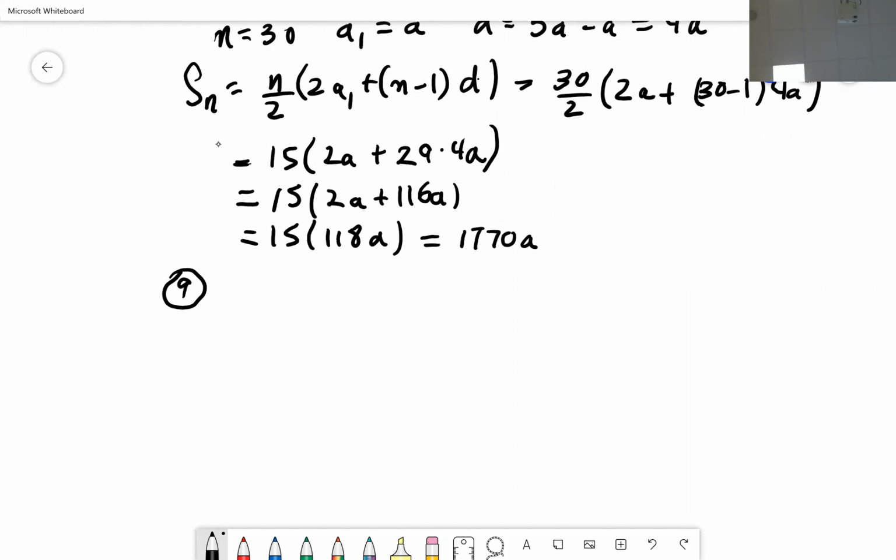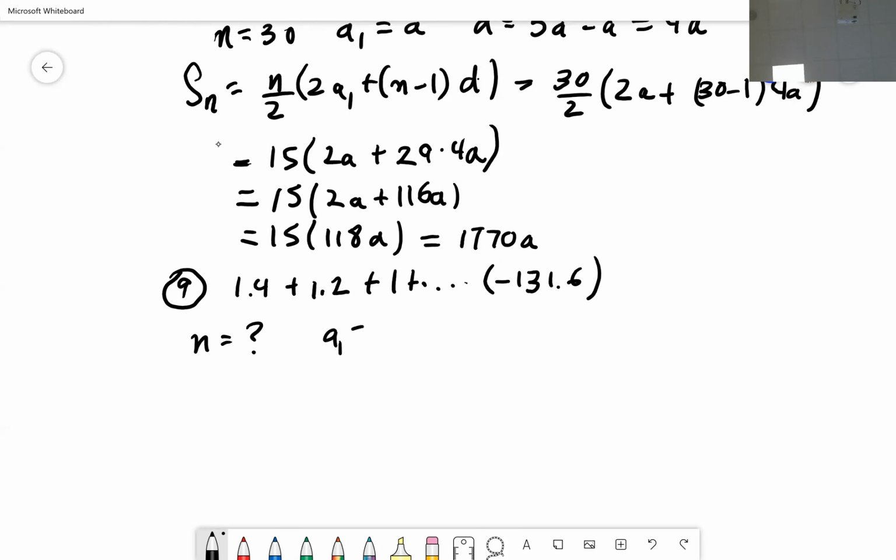Number 9 says find the number of terms and the sum of each of the following arithmetic series. So now the question is slightly changed. We have 1.4, we have 1.2, we have 1, and it continues all the way to this term here. So we don't know the amount of terms. They want us to find the amount of terms, n question mark.